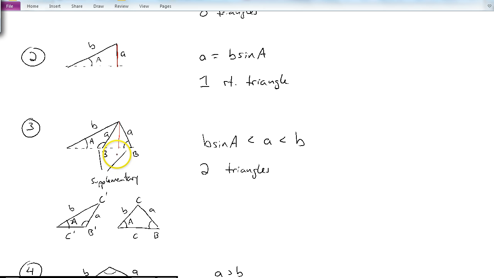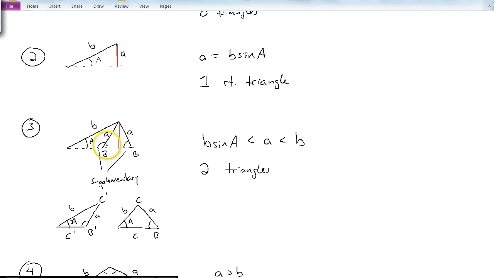I guess you can see that this angle in here has to be supplementary to this angle right here, because they make a linear pair. And you can see that this little triangle here is an isosceles triangle. So meaning that this angle and the angle that's not marked there are congruent angles.